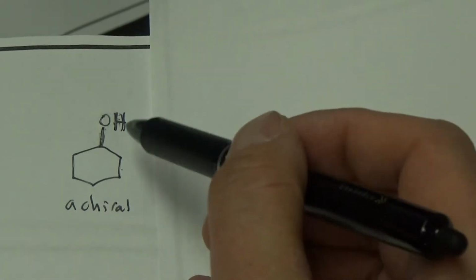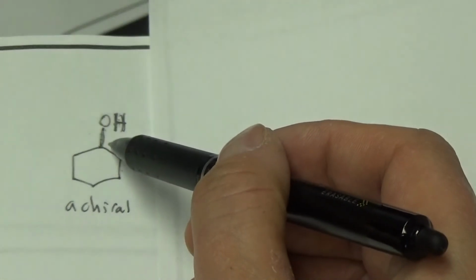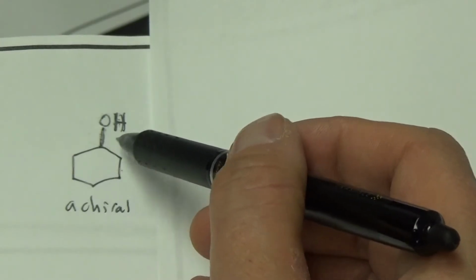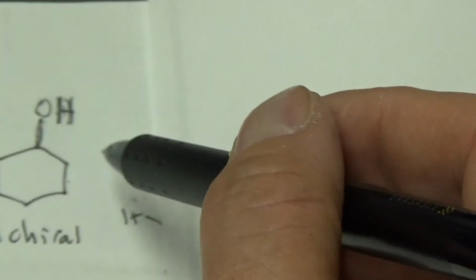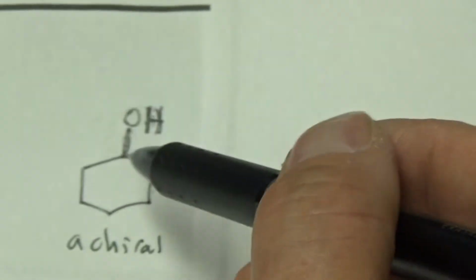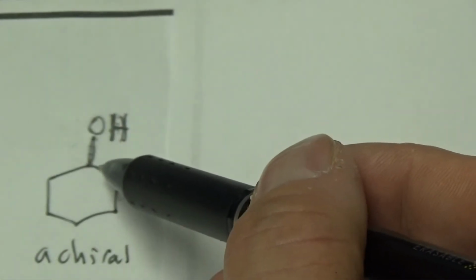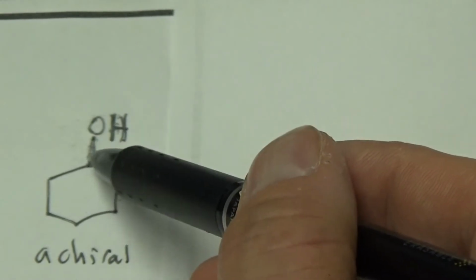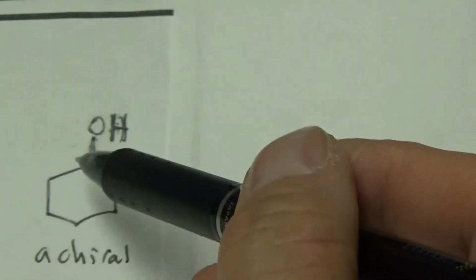You can pretty quickly just say, well, there's no chiral centers, right? That's not a chiral center. That's not a chiral center, is it? It's not a chiral center. Because how many unique things are on the carbon? There are three unique things. There's an H, there's the oxygen, and then there's the CH2s that wrap around. So not a chiral center.